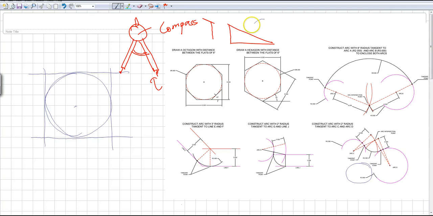So I'm going to put my triangular adjustable scale, same thing, adjust it to 30, 60, right? So I'm going to make an angle going this way at an angle of 30 degrees.